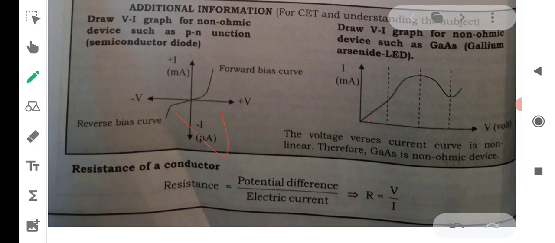Since V equal to IR, we can write R equal to V divided by I. Here V means potential difference and I means current. Resistance is the ratio of the potential difference applied across the conductor per unit electric current, and that gives the resistance of a conductor.